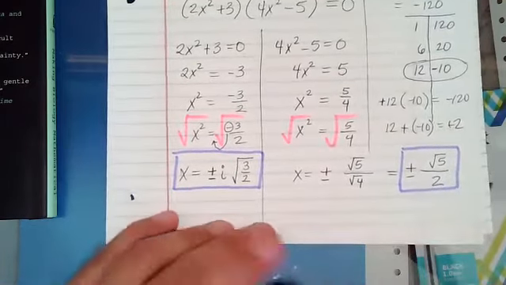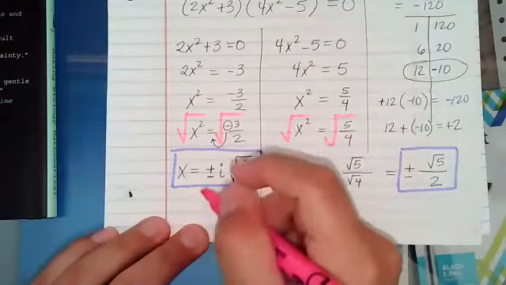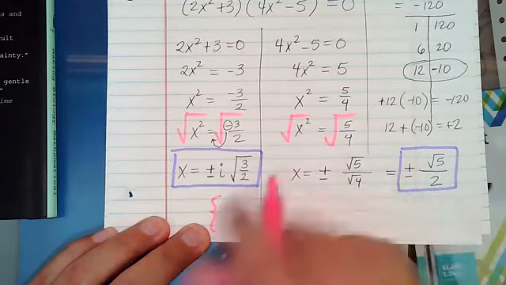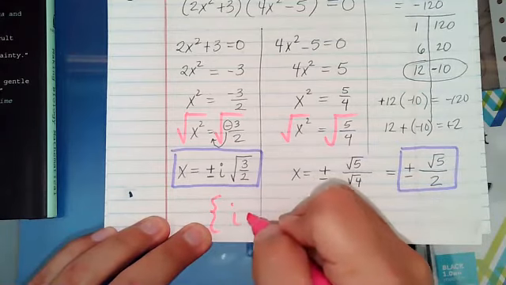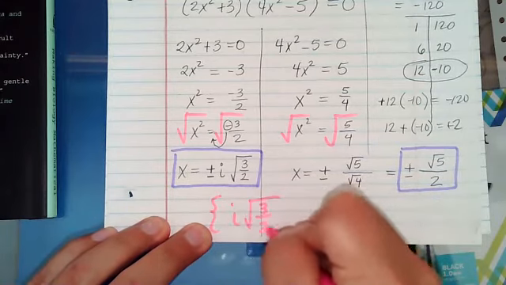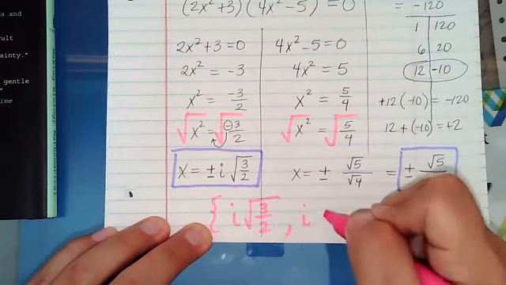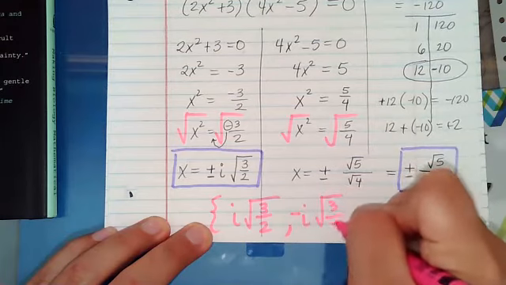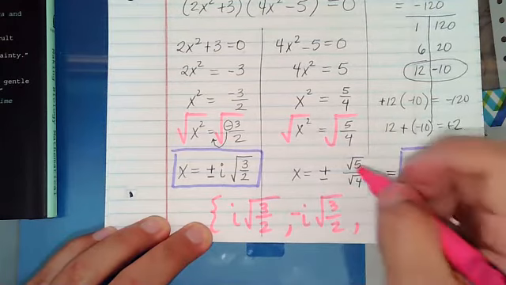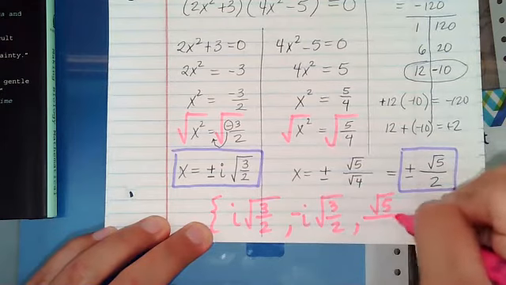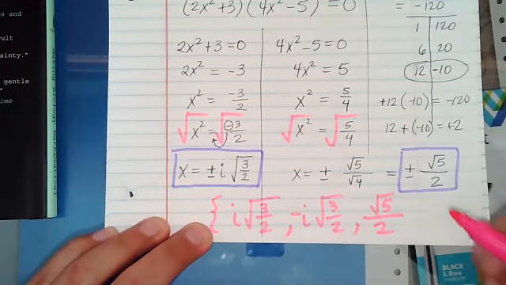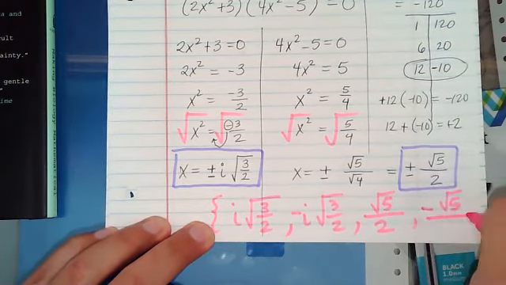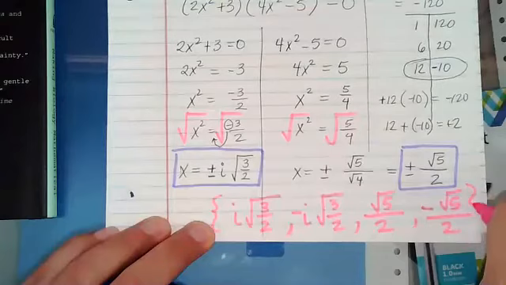So your complete solution set would be, and again, it doesn't matter what order you put this in, i square root of 3 over 2, comma, negative i square root of 3 over 2, comma, square root of 5 all over 2, and negative square root of 5 all over 2.